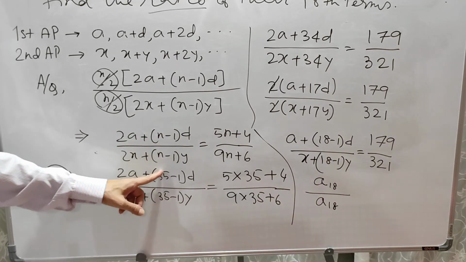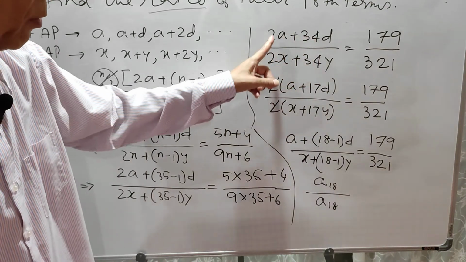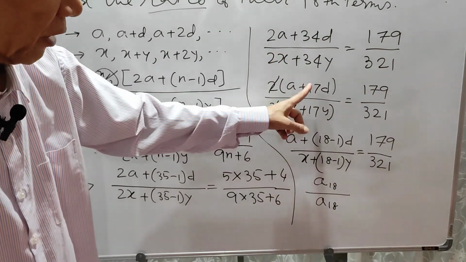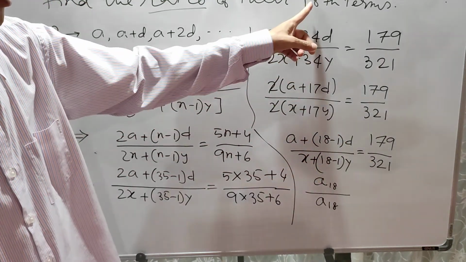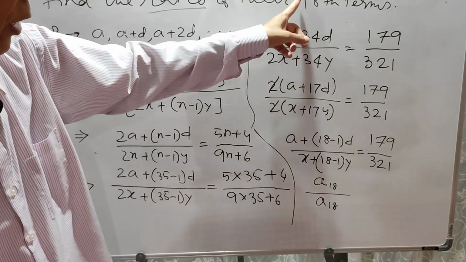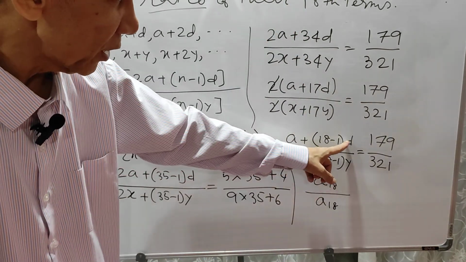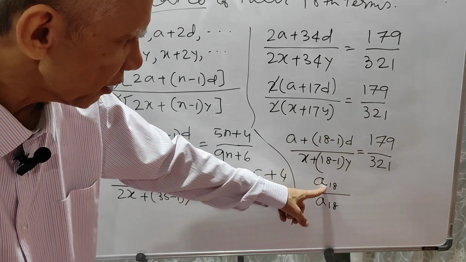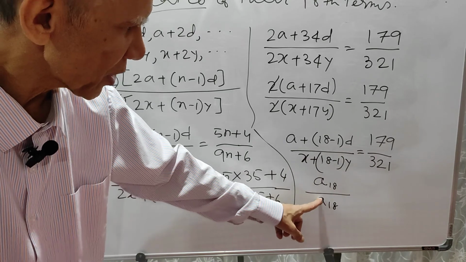We have chosen n equal to 35 so that we get 34, and after taking common, we get 17, and for 17 we can write 18 minus 1. So a plus 18 minus 1 d is the 18th term of the first AP, and x plus 18 minus 1 y is the 18th term of the second AP.